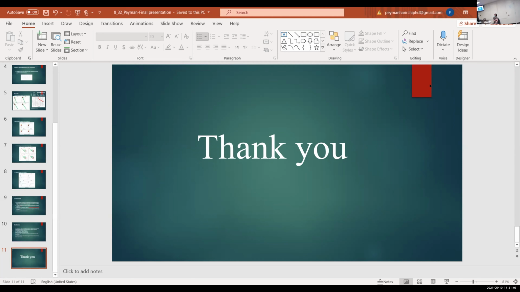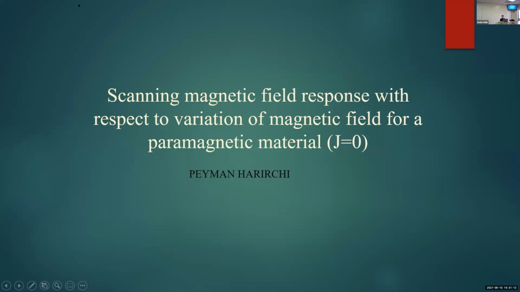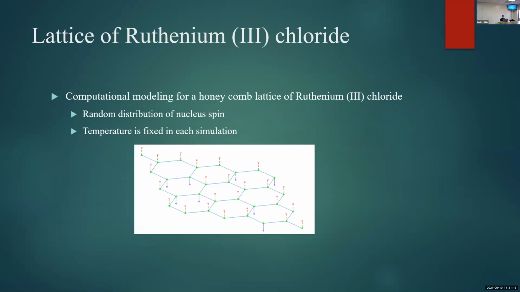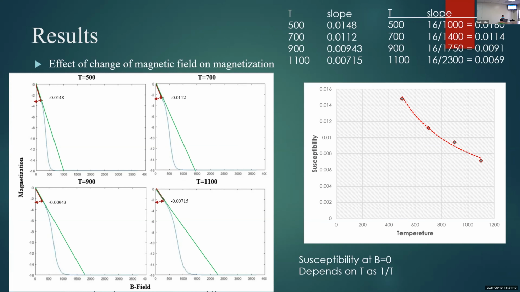Let me offer something for the discussion. Would you please go forward? Yeah, here. I do not have the exact formulation, but please comment or confirm that as magnetic field increases, magnetization increases as well, goes from 0 to whatever negative value.